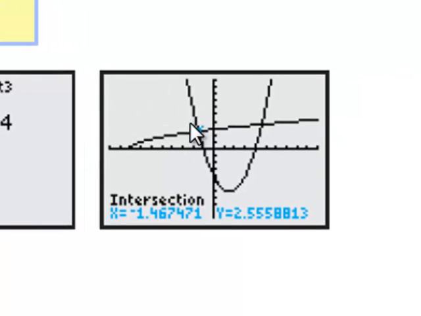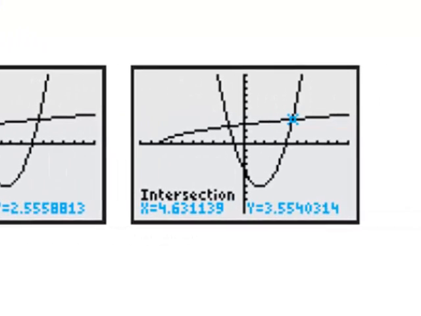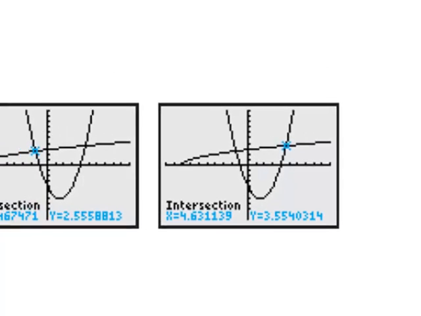We hit graph. There's 2 points of intersection. So using the intersection feature, the first point is negative 1.47 rounded off, and the second one is 4.63 rounded off.